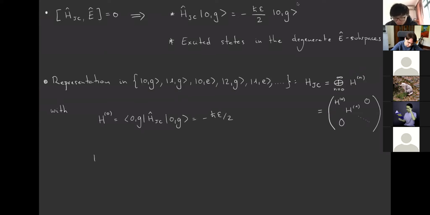And then for the other boxes, the other HNs, this is a 2 by 2 matrix that contains the matrix elements associated to the 2 states that we have for a given total excitation number, which, let me write explicitly. Oops, I forgot to put Jaynes-Cummings in there. So it will be exactly this kind of term.